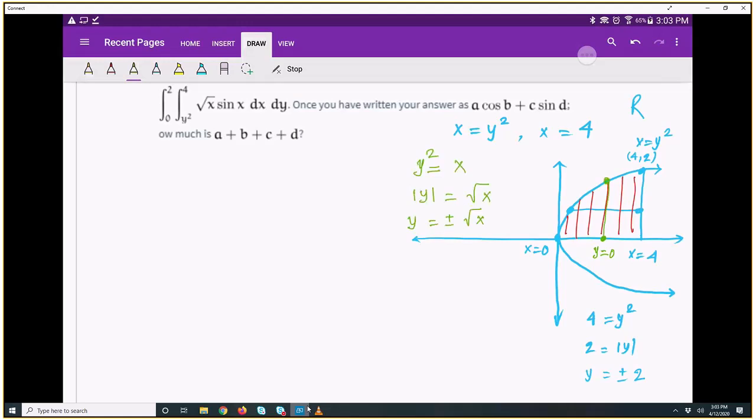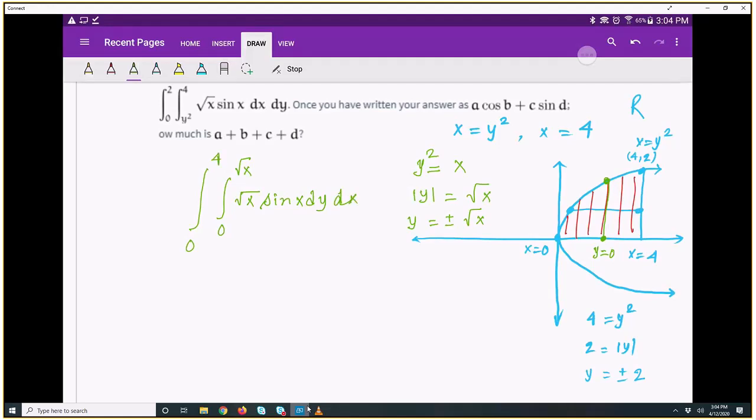By the same argument that my point is in the first quadrant, y is positive, so y equals square root of x. So the limits of integration with respect to y are 0 to square root of x. I integrate the same function, square root of x sine x, but this time with respect to y first. And the limits of x, as we have talked about, are from 0 to 4, dx.